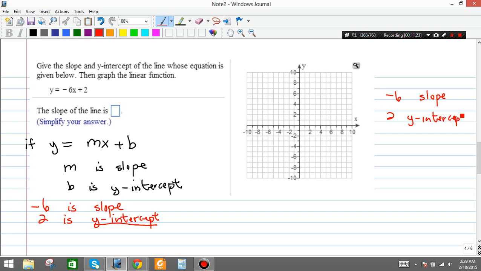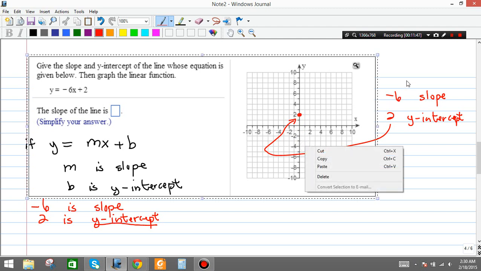And so you start at the 2. That's 1 point. Right? And then from here, this is the slope, -6. So you go down 6, 1, 2, 3, 4, 5, 6, and over 1.